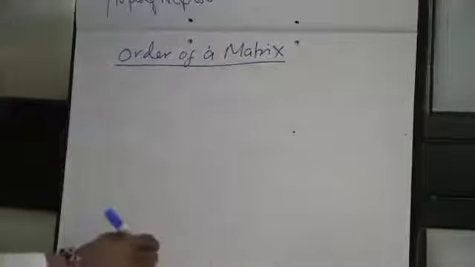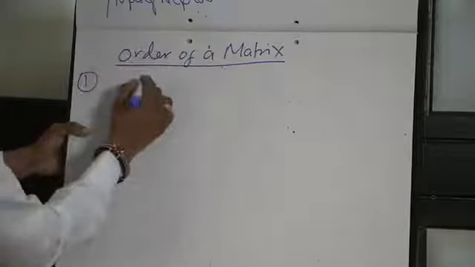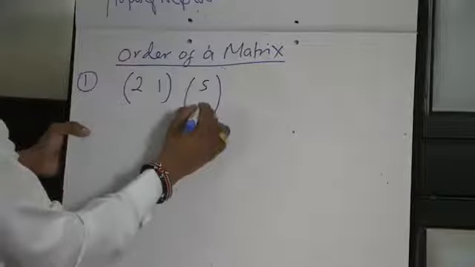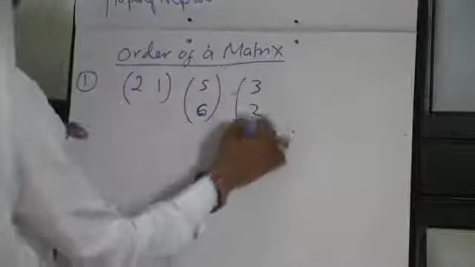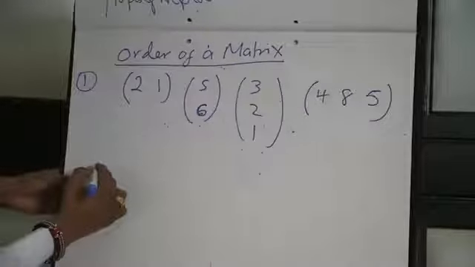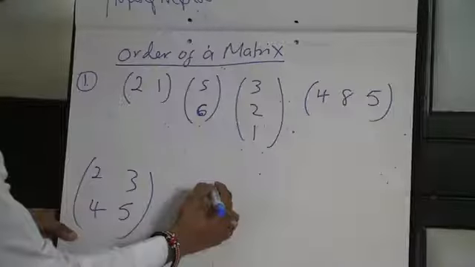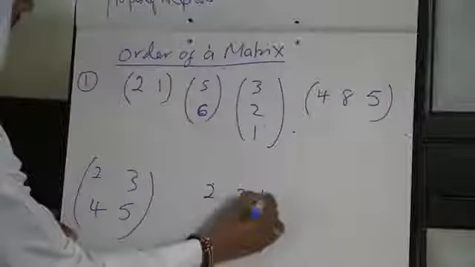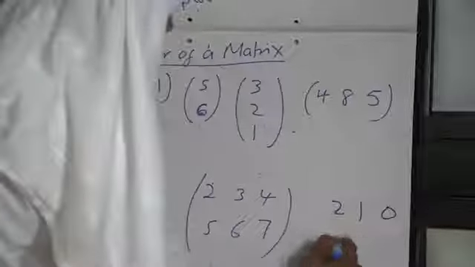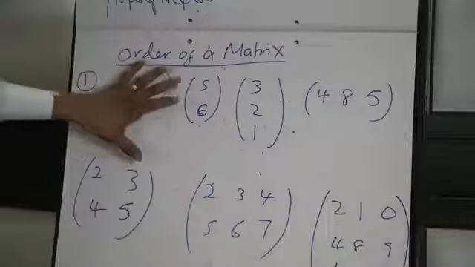In determination of the order of a matrix, number 1, suppose you are given 2, 1, 5, 6, then 3, 2, 1, 4, 8, 5, then 2, 3, 4, 5, and again another example, 2, 1, 0, 4, 8, 9, 1, 2, 1. How do we name these matrices?